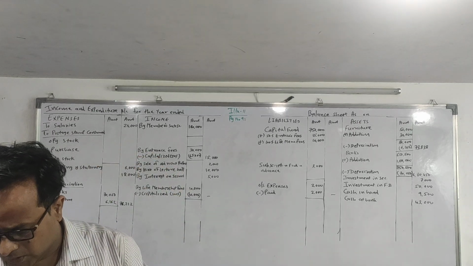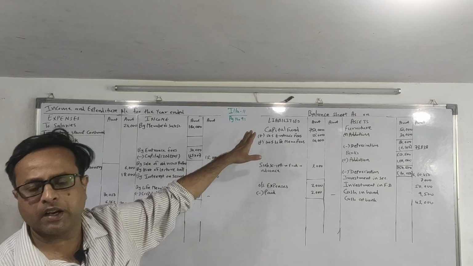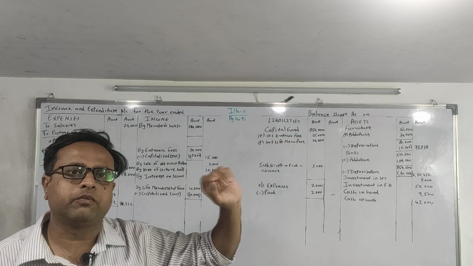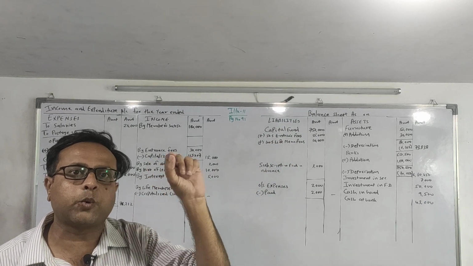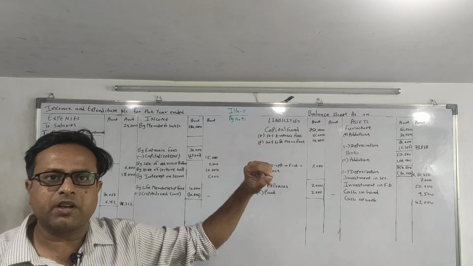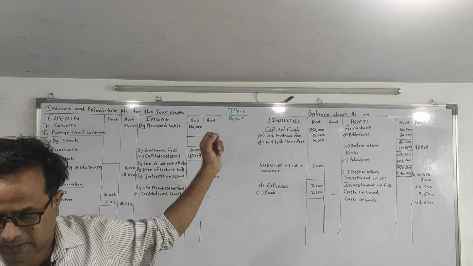Now what will we do? Capital fund, it will come under liability. Subscription, we are not starting with the sum, you just jot it down in your question paper. Capital fund, liability. Subscription received in advance, liability. Outstanding expense, liability.